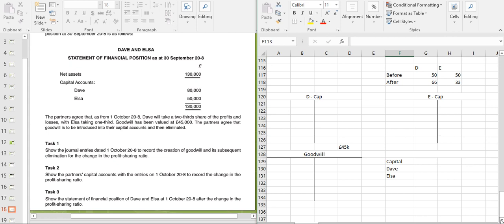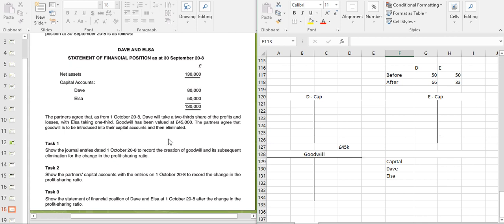We have Dave and Elsa, who are the partners to this particular business. I'm going to have a quick read of the scenario, and then I'll give you a heads up if you wanted to pause, and then I'll talk you through the scenario myself.